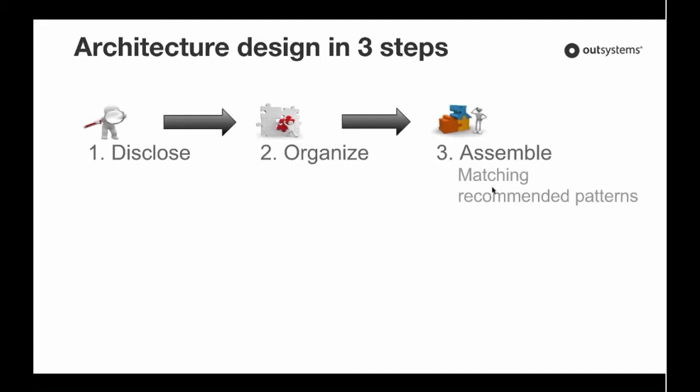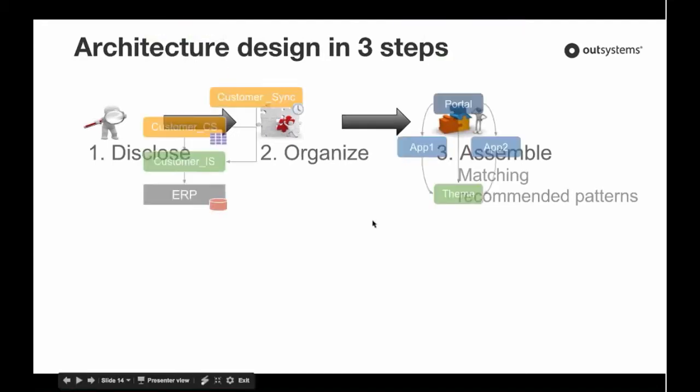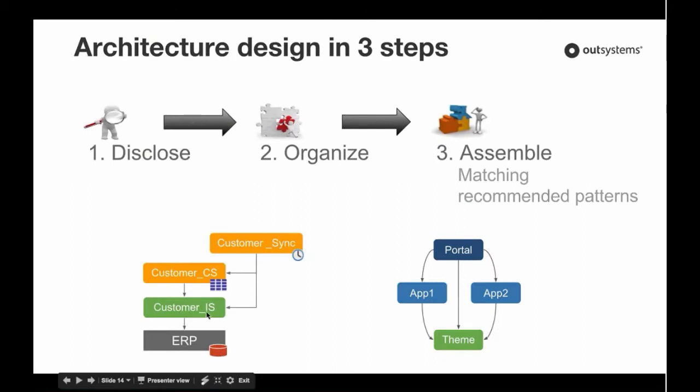I'm going to do an exercise just to show this. And of course, here we can now try to decide using some patterns what we need to build and throw it into the canvas now in form of modules that need to be built. Okay, so to recap, we discuss, we organize concepts, and then once we have all the concepts organized, we can start assembling and matching concepts into modules.